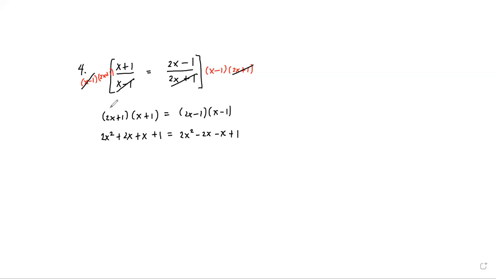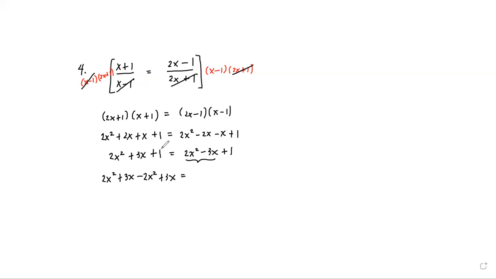Now, combining like terms on both sides of the equation, we get 2x squared plus 3x plus 1. And then on the right side, we get 2x squared minus 3x plus 1. Now, transposing all those terms with x from the right side to the left side, that will give us 2x squared plus 3x, and these terms will have reversed signs, negative 2x squared plus 3x.